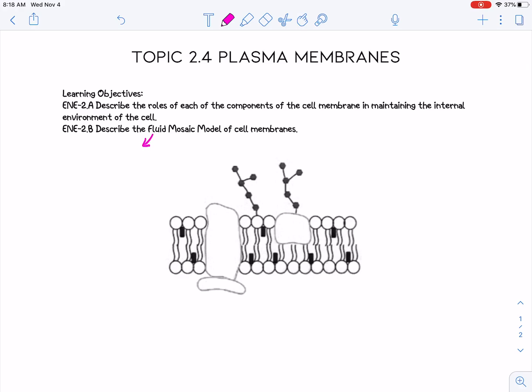The reason why it's called this is it's fluid because the phospholipids are in constant motion, and the proteins that are in the cell membrane actually can drift around. And then the reason why it's called a mosaic is there's all kinds of different things.